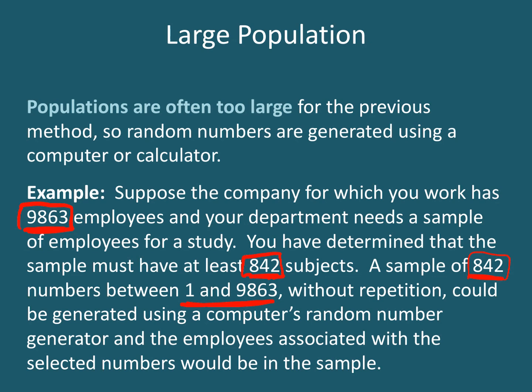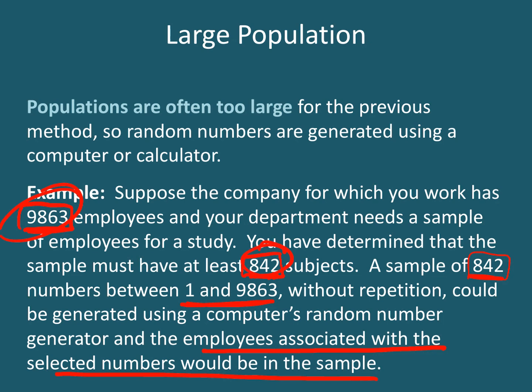Okay. And then the employees associated with the selected numbers would be in the actual sample. And what the sample is going to be for remains to be seen, but this is an example of why you want to use simple random selection. For example, let's say we put all these 9,863 folks' names on a piece of paper and threw them into a hat or a big bucket.